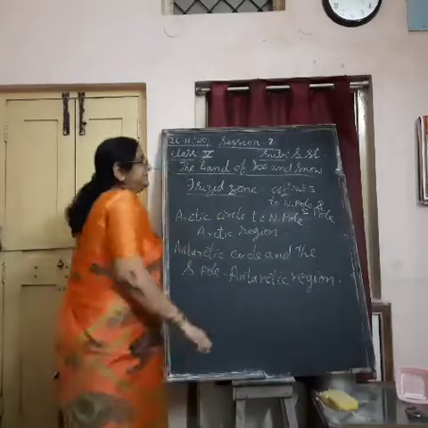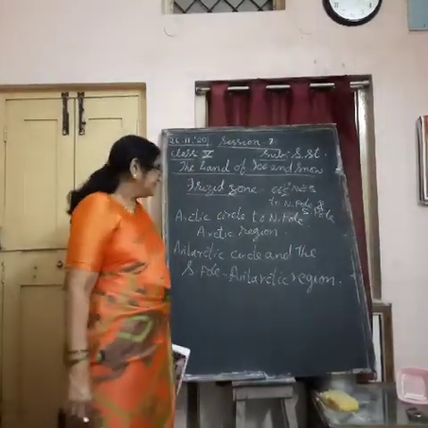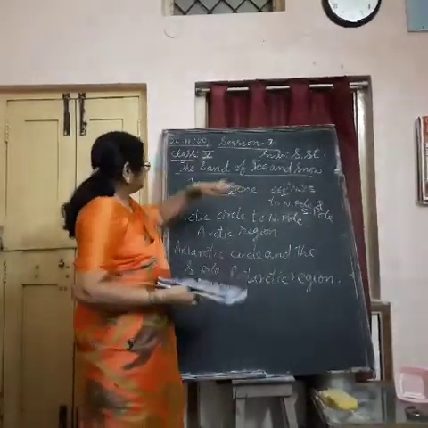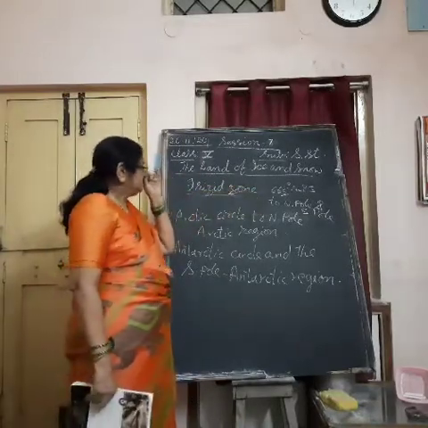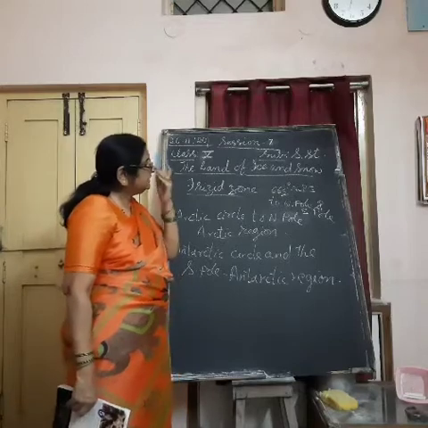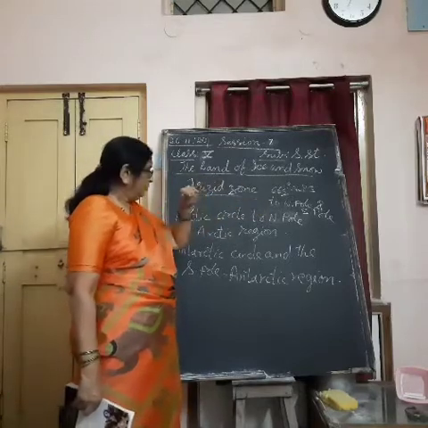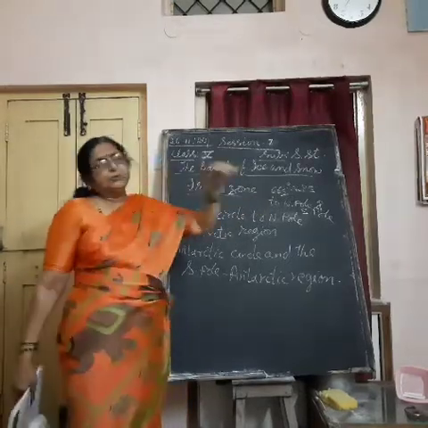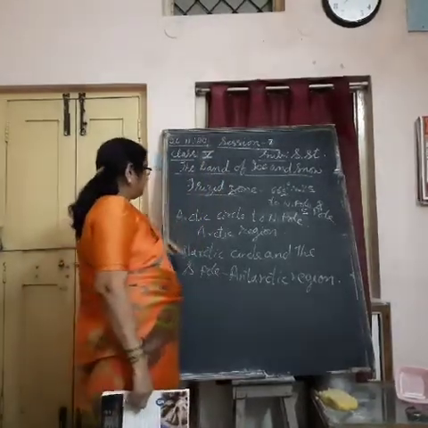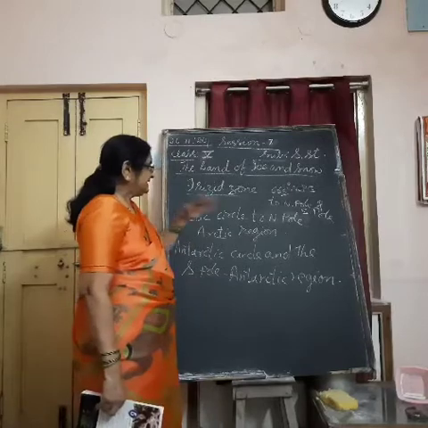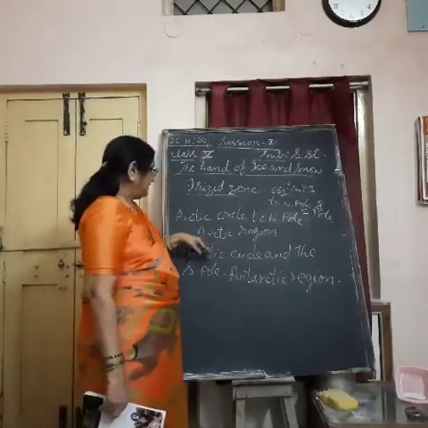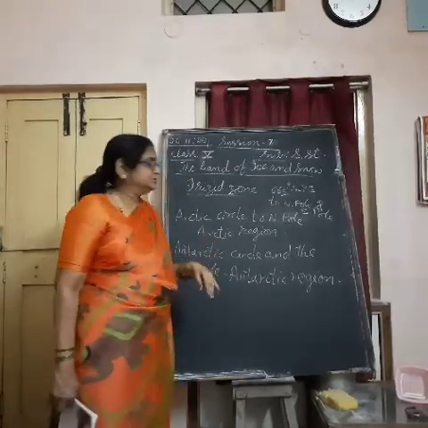So, once again I want to explain it. This frigid zone, which is situated between 66.5 degrees north latitude and the North Pole, is called the North Polar region. Or, as it is located between the Arctic Circle and the North Pole, we can call it the Arctic region also.